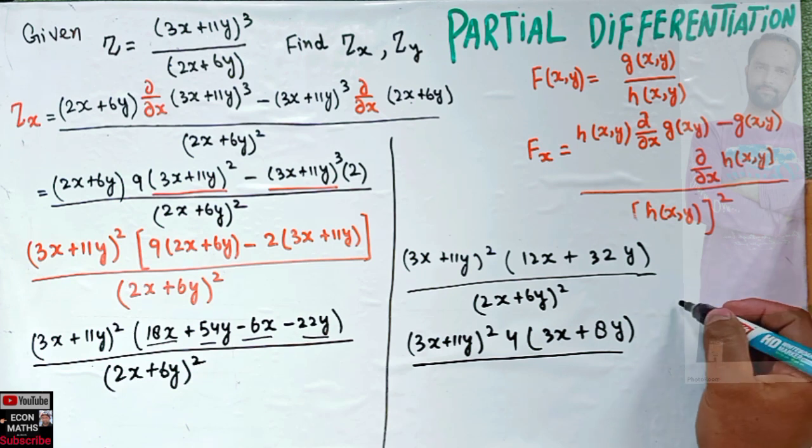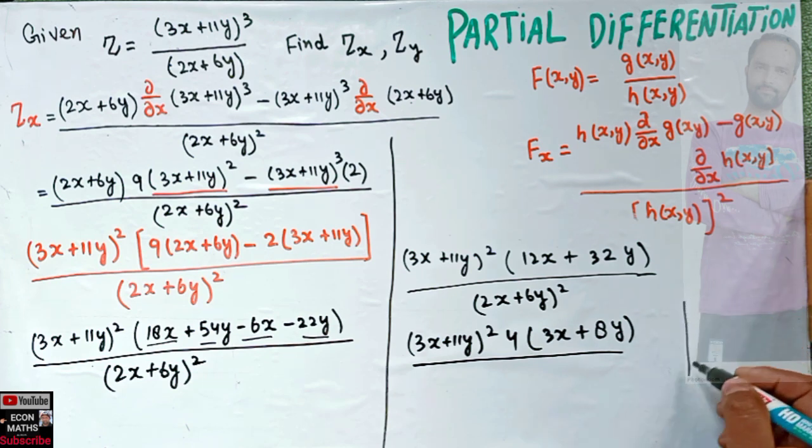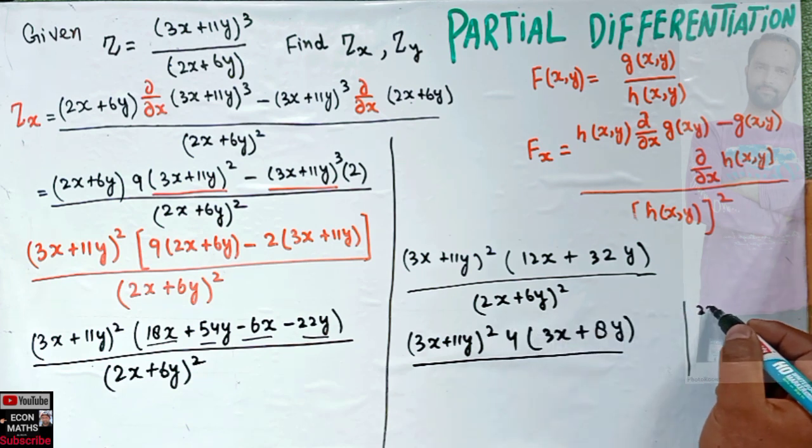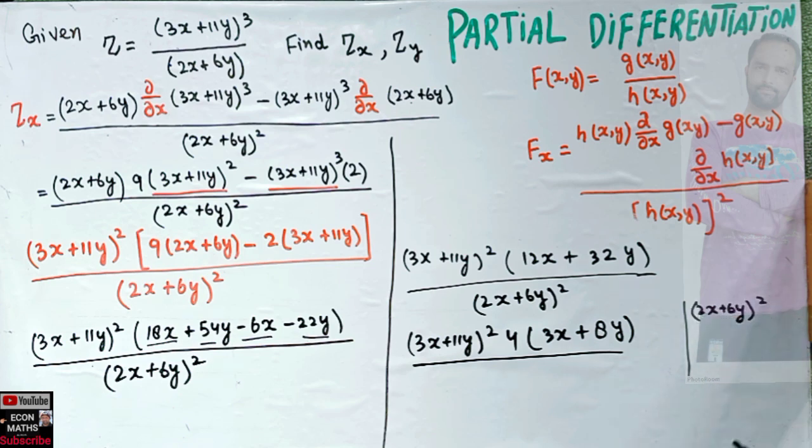Okay, so let's explain it here. If we have (2x + 6y) square, I can write it like this: (2(x + 3y)) square. Then I can give this square to each of these terms.